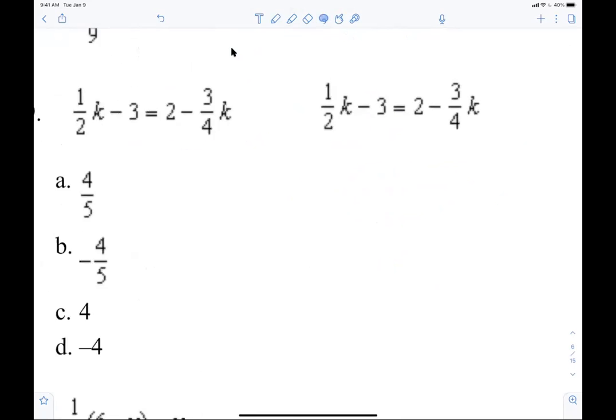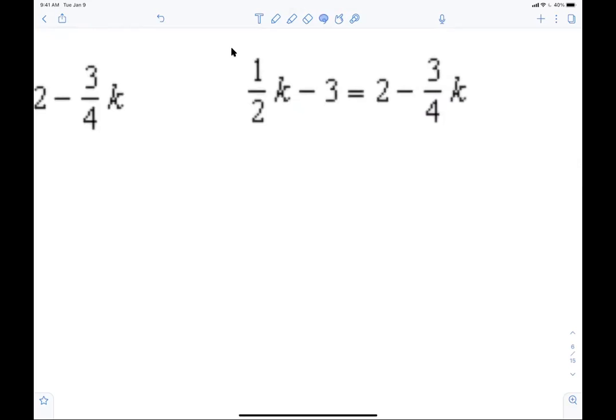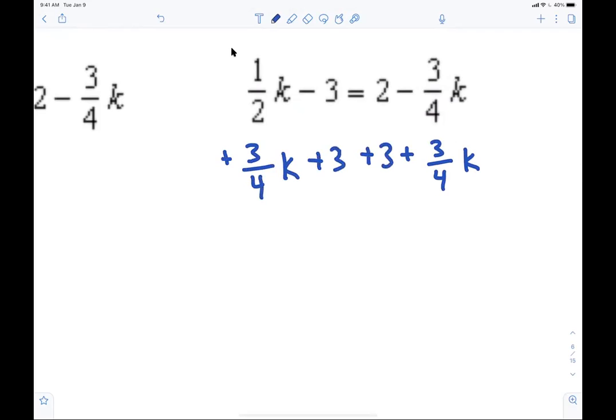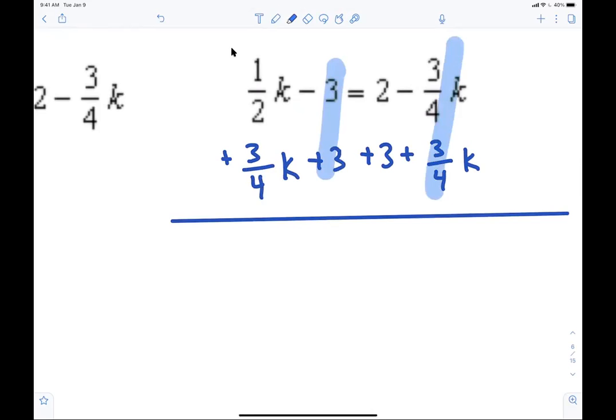All right. So I still want variables on the left. So I have to do what? Add 3/4. You're correct, though. And also, like she said, add 3. Now, cancel, cancel.